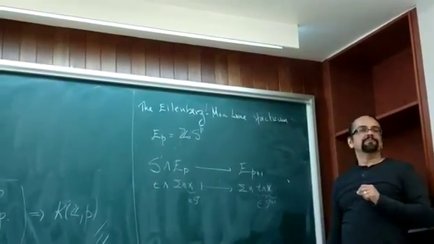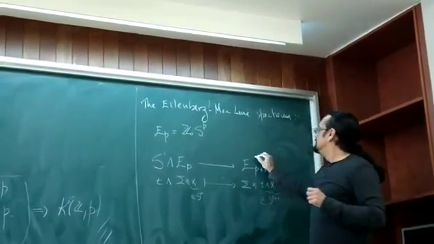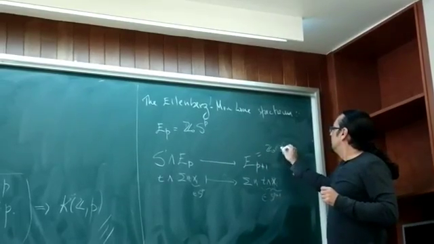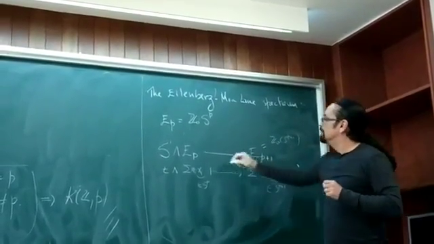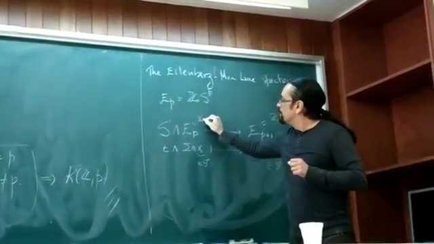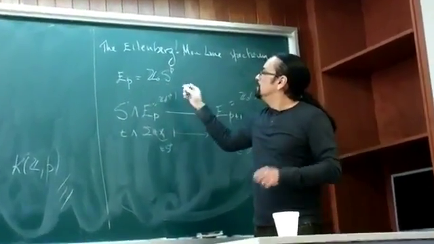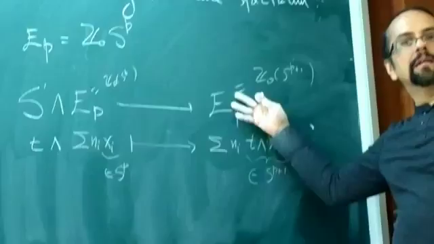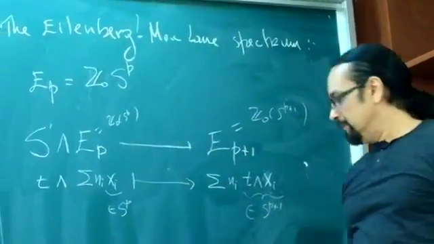And that's the spectrum. This is Z0 of SP plus 1, and this is Z0 of SP. And so I do give the maps in the Eilenberg-MacLane spectrum that you can use to classify homology theories.